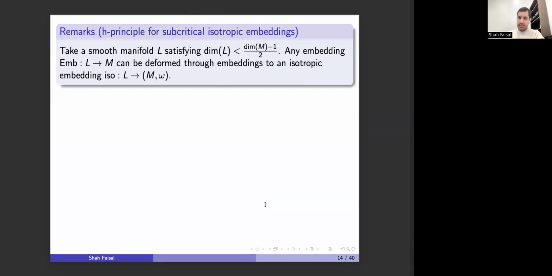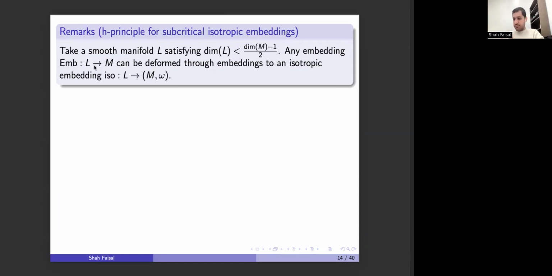Now there is a theorem which I will just state as a remark because I'm not very precise in its statement. It says that if you take a smooth manifold L whose dimension is strictly less than half of the dimension of the symplectic manifold M, then any smooth embedding of L can be smoothly deformed to an isotropic embedding.